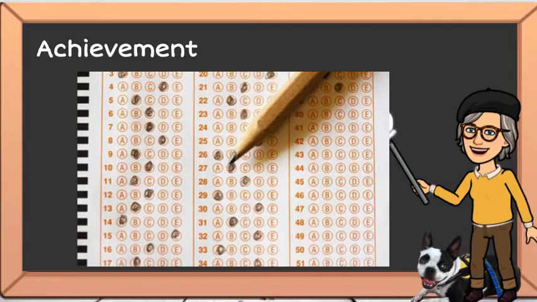First, we want to look at achievement. Now, achievement tests directly assess students' skills development in academic areas like reading or math or written language. They measure the extent to which a student has profited from schooling or life experiences compared to other students the same age or the same grade.